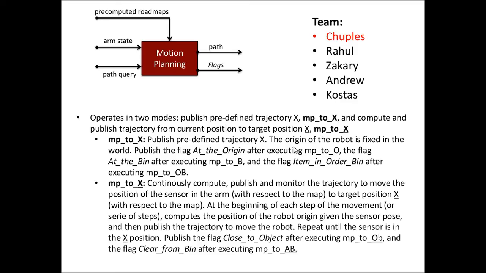We expect in this case that the robot will follow the trajectory, and the origin of the robot when performing these commands, or when the motion planner is publishing this trajectory, is fixed in the world or in the map, which is the origin of the board.